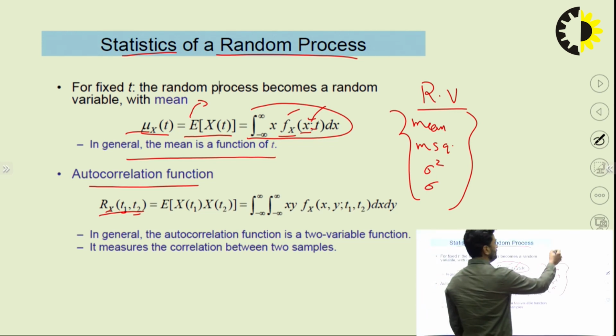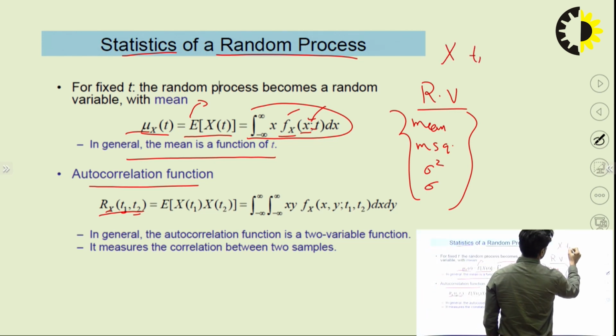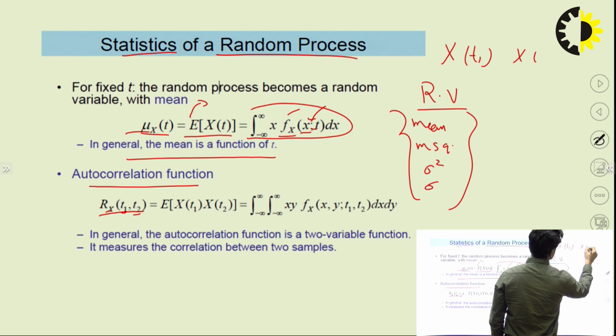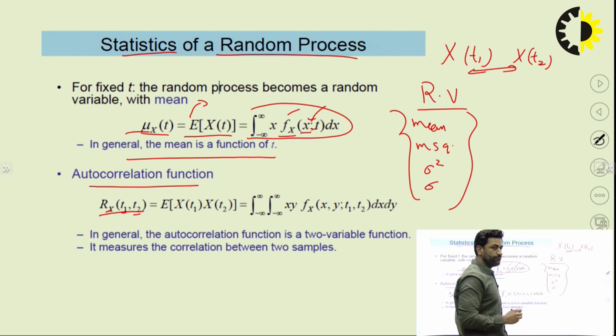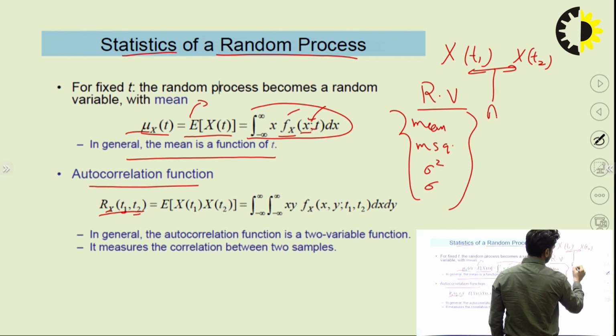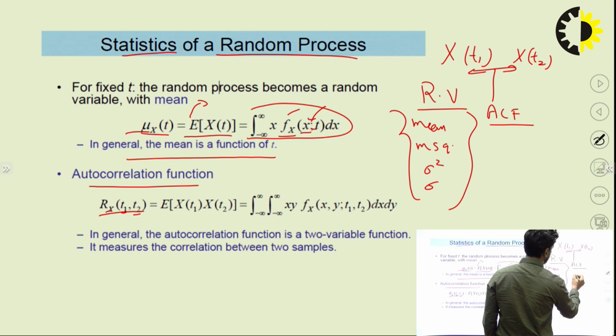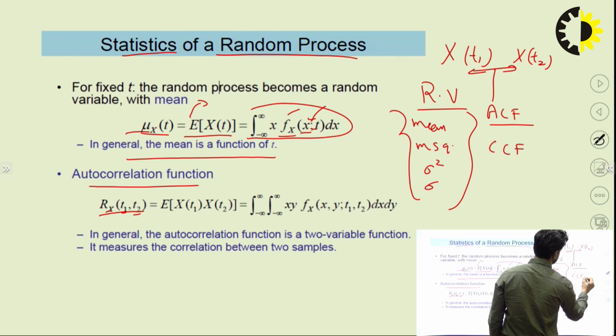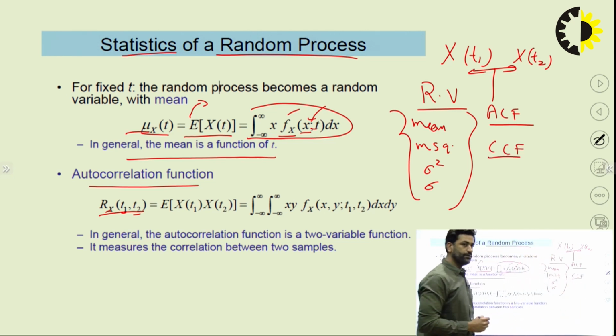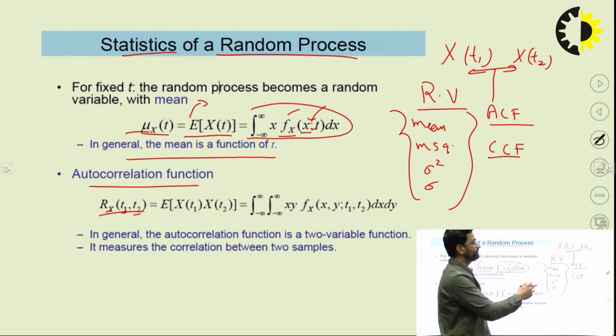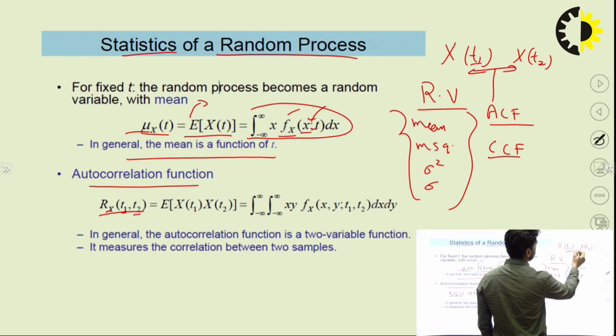That is one random process at t1 and one random process at t2, and we have to find out the similarity between them. So we will use the ACF, the autocorrelation function. Auto means the same process. If it is a different process, then it becomes the cross correlation function, CCF. Here the process is the same, we are finding the similarity at time instants t1 and t2.